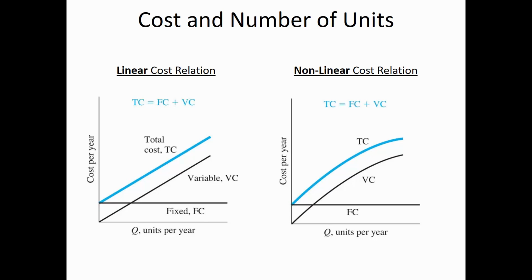Since the curve is getting less steep, then that means that as you sell more units per year, your variable cost per unit is decreasing. So this curve is flattening out, and that means that you're making more and more, but the cost isn't going up as much as it used to for the same incremental additional number of units. So can you think of like what would cause the curve to flatten out like that?